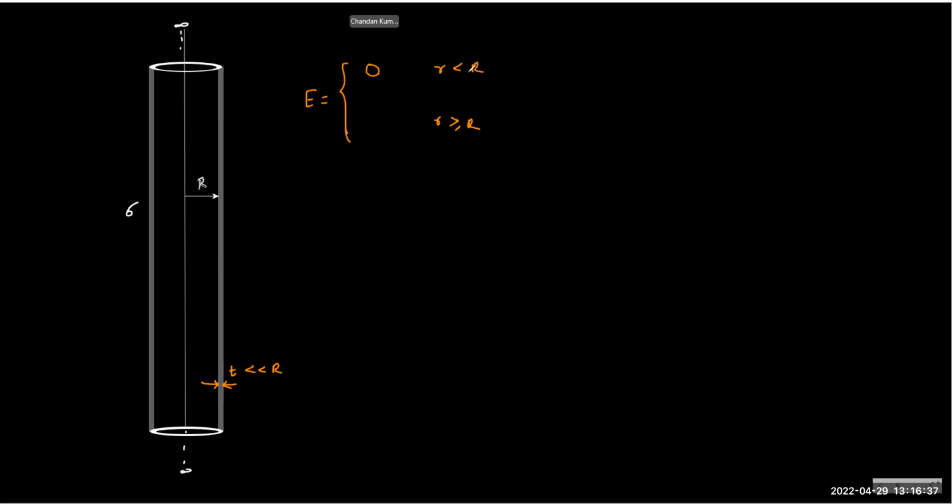Sir, sigma R by epsilon naught into 1 by r. Sigma R by epsilon naught r, right? Yes. Excellent. So again, this is the same formula, lambda by 2 pi epsilon r. But now what is lambda here?